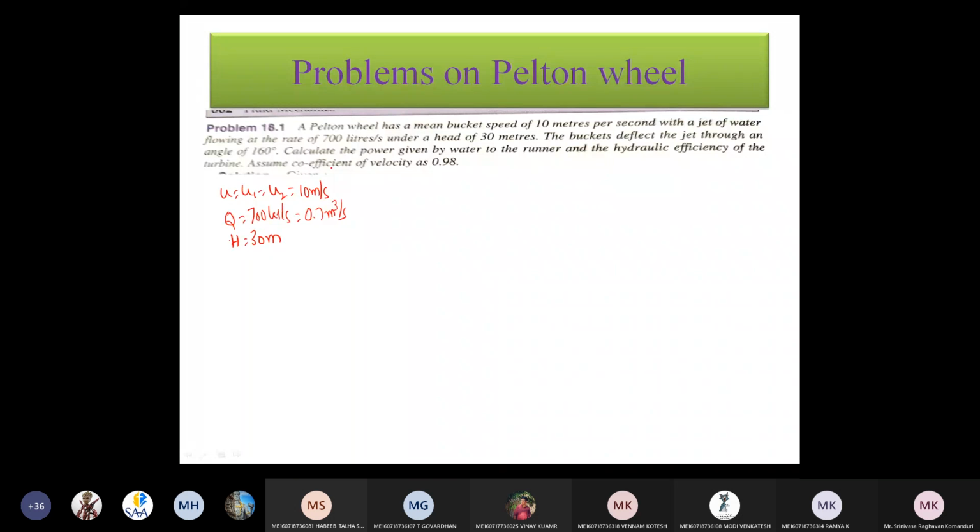So the deflection value they have given as 160 degrees, how to calculate phi? Phi is equal to 180 minus the angle of deflection. So 180 minus 160 is equal to 20 degrees.